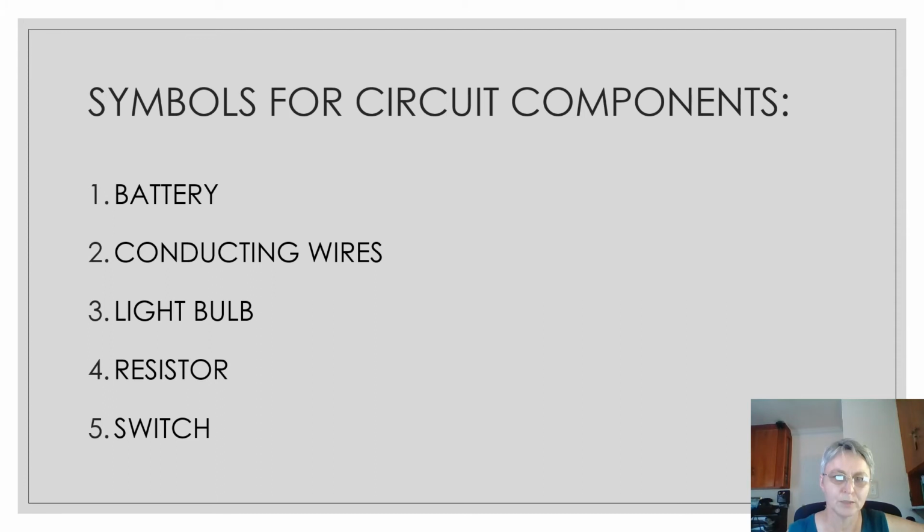Now, we don't use words in NS to build a circuit. We use symbols. So symbols is like a shorter way to represent a circuit component. Now for a battery, we use two lines together. We use a long line for the positive terminal of a battery, and we use a short, thicker line for the negative terminal of a battery.